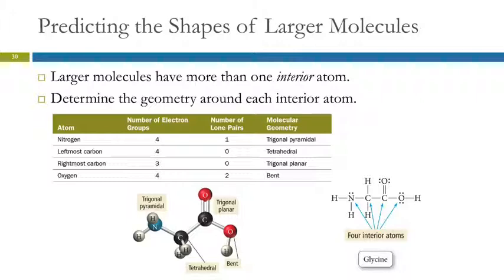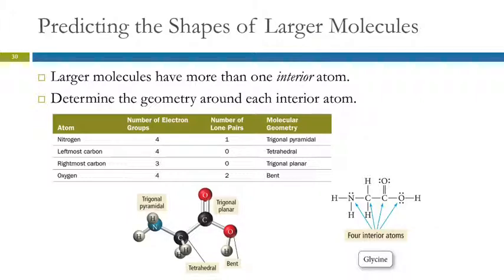What about larger molecules? Well, bigger molecules have more than one interior atom. So what we do is we look at the geometry around each of the interior atoms. So an example is given here. Here's our Lewis structure. This is glycine. It's an amino acid. This nitrogen, and there's 2 carbons and an oxygen that are all central atoms, meaning they have more than one bond.